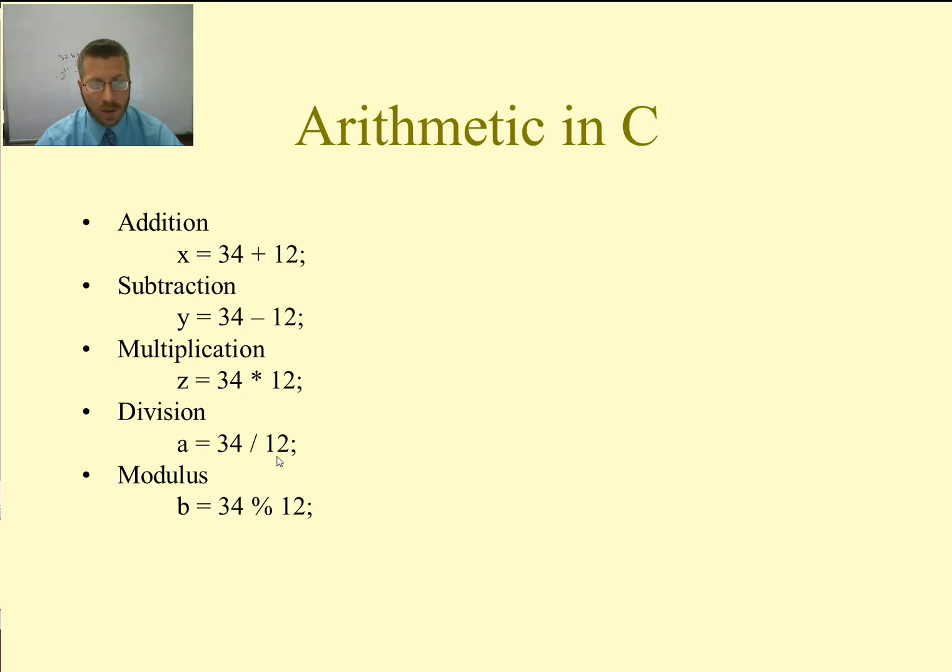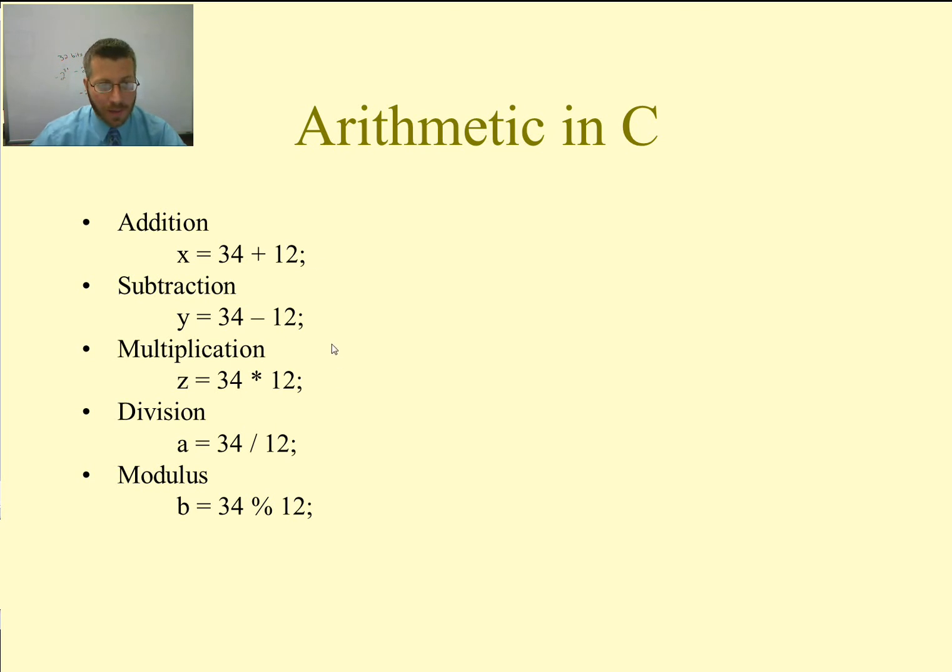It's not going to return to me 2 and 10 twelfths, 2.8, nothing like that. It's going to return to me the whole number 2, because we're dividing an integer value by an integer value, which is going to give me an integer value. It does not round, it will chop whatever is left. So 34 divided by 12, even though it's 2 point something, the answer that's going to come back and be stored in this variable a is going to be 2.